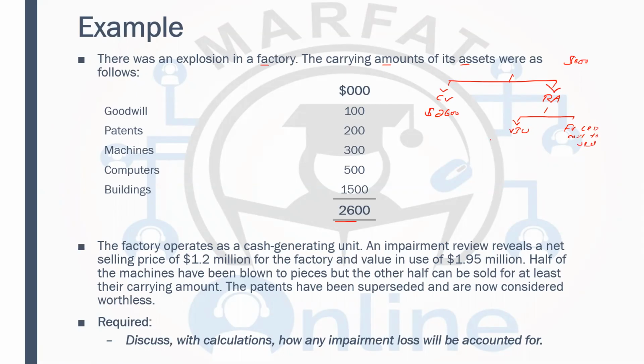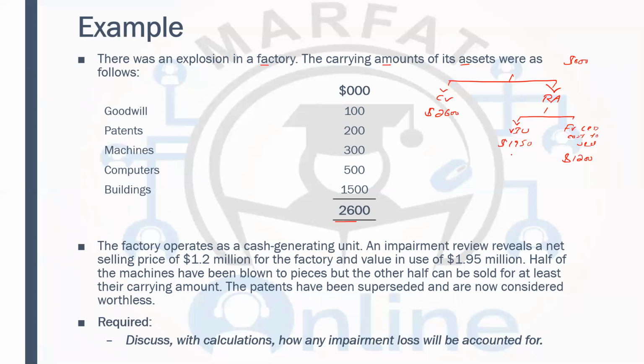So they said the factory operates as a cash generating unit, and impairment review reveals a net selling price of 1.2 million. Net selling price means it's already fair value less cost to sell, 1200. And value in use of 1.95, that means 1950.